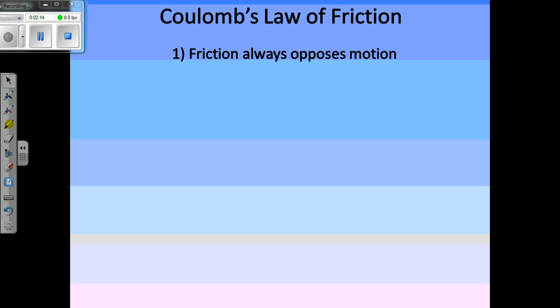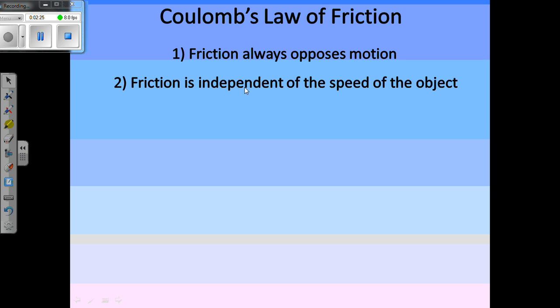So the frictional force on an object will always oppose the motion of the object, or the desired motion of the object. Friction is independent of the speed of the object. Now this is perhaps a bit woolly, but this is in the case of objects on a surface, the contact between two physical surfaces.